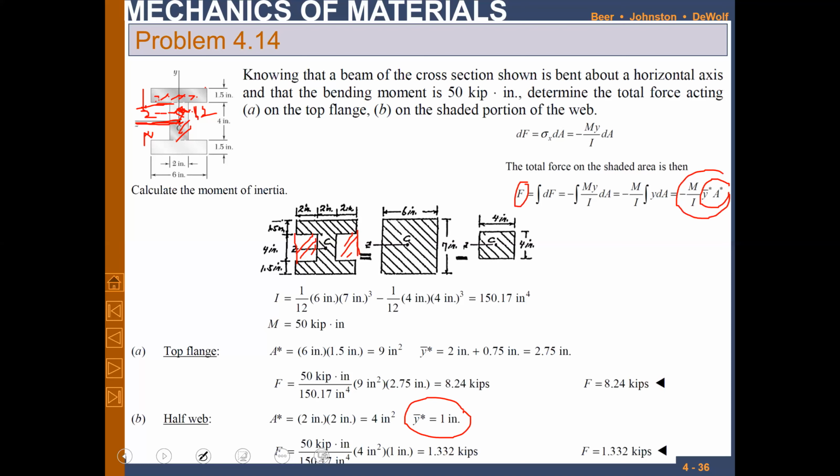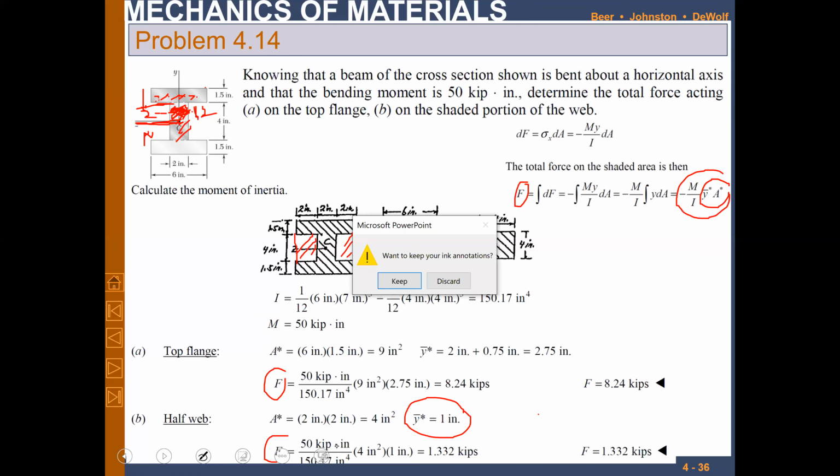So by putting this value into minus M over I y bar A, we can calculate the total force on the top flange and the half web, right? The area is again known to us, it is 2 by 2 inches, and 1 inch is basically the centroidal position. So F will be 50 kip-inch divided by 150.17 inch^4, the I of that shape.